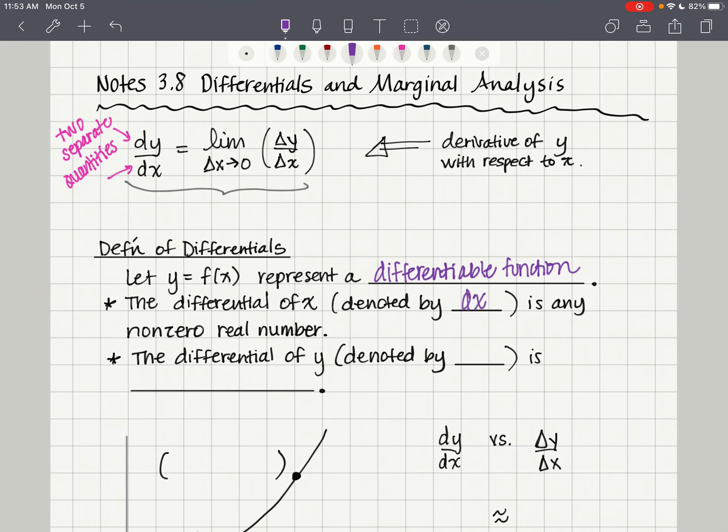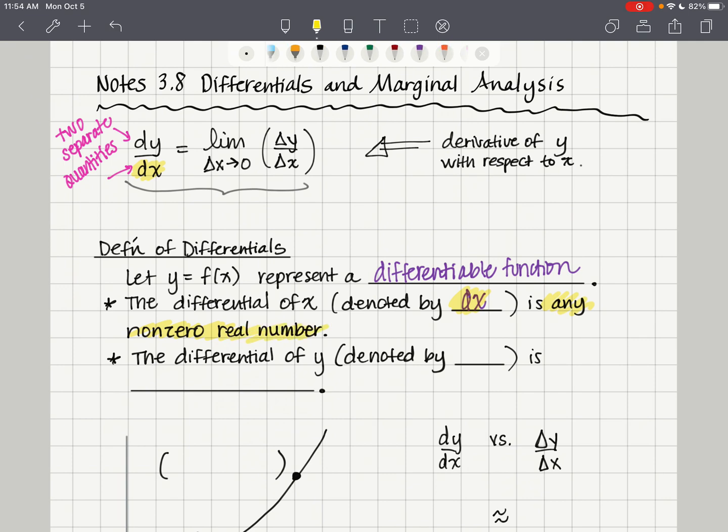It is any non-zero real number. The reason it can't be zero is because it happens to be located in the denominator. Because this is a comparison of two quantities, you cannot divide by a value of 0. So dx is any non-zero real number.